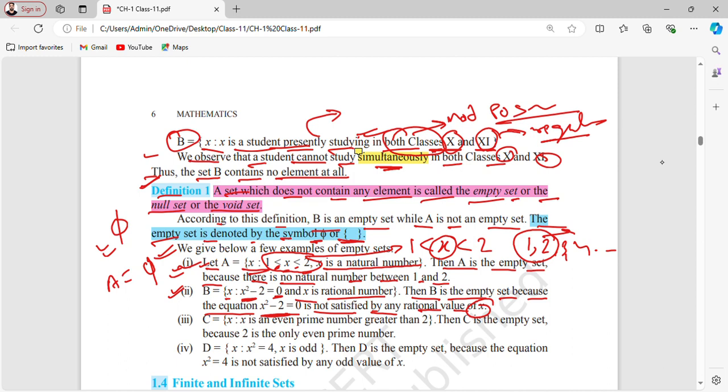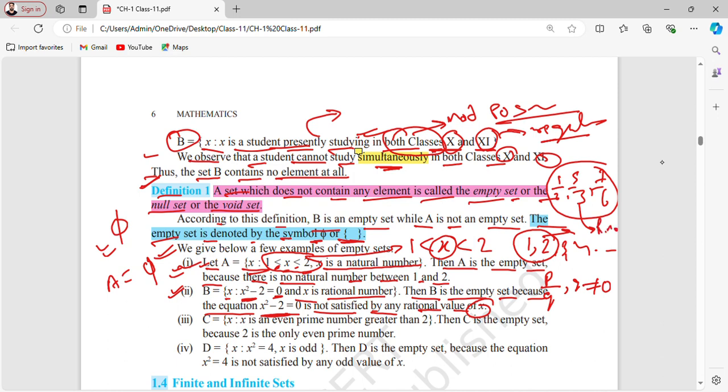We all know rational numbers: a number which can be represented in the form p by q, where q is never equal to 0. Examples are 1 by 2, 5 by 3, 7 by 6. These types of numbers are called rational numbers.